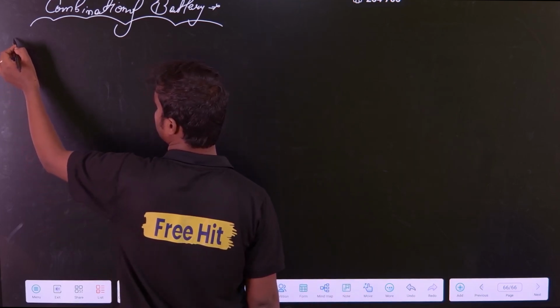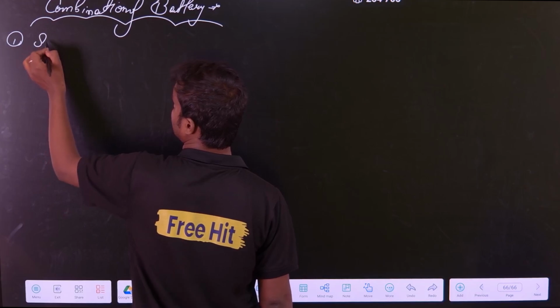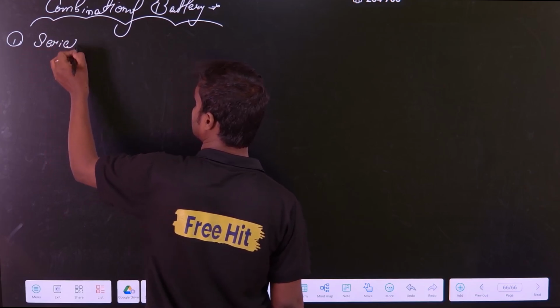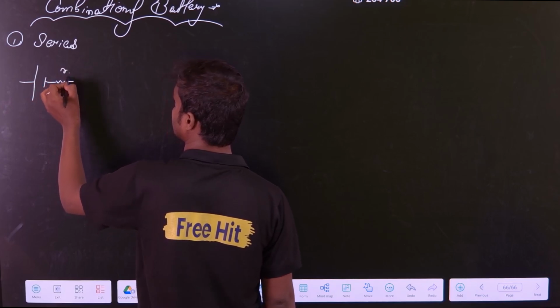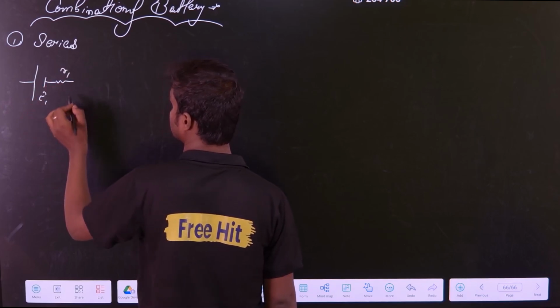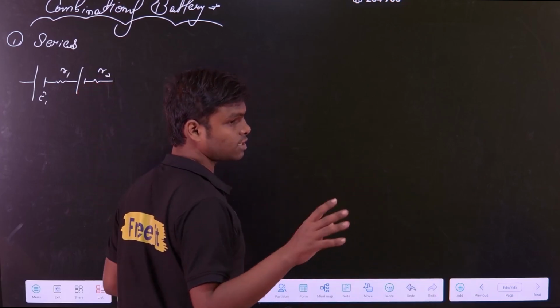Suppose there will be two cases I am taking. First case, a series combination. Suppose I have a battery with internal resistance R1, and the EMF of this battery is E1. Similarly, I have another battery with internal resistance R2, and its EMF is E2, because generally they always have an internal resistance.